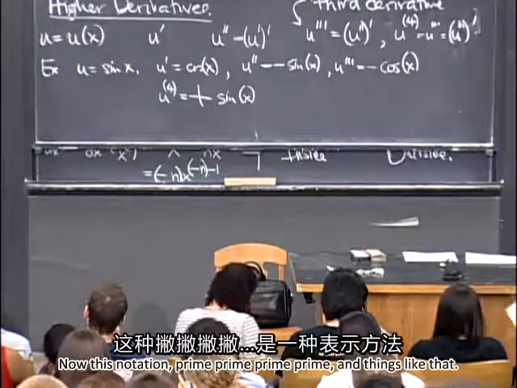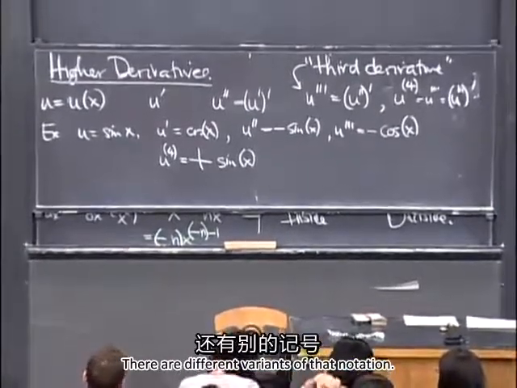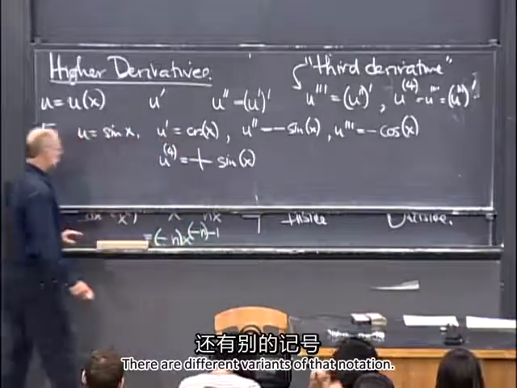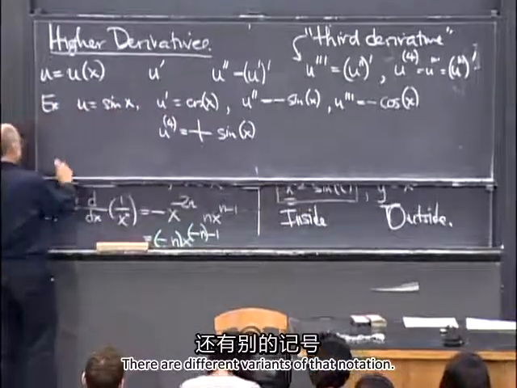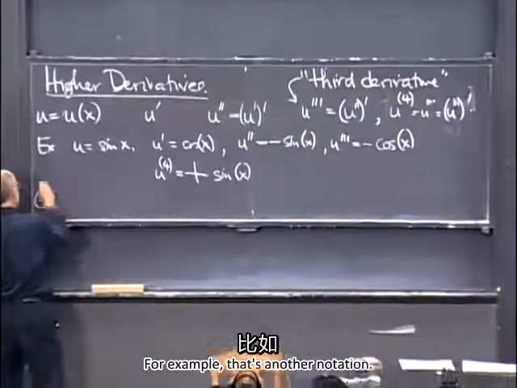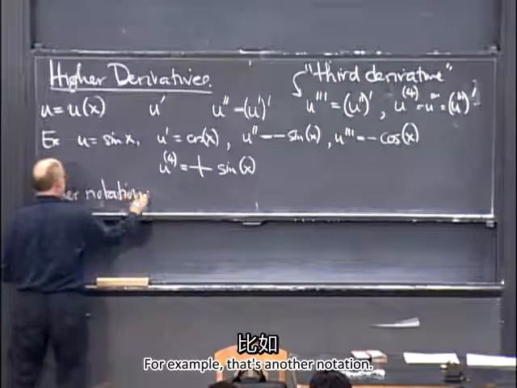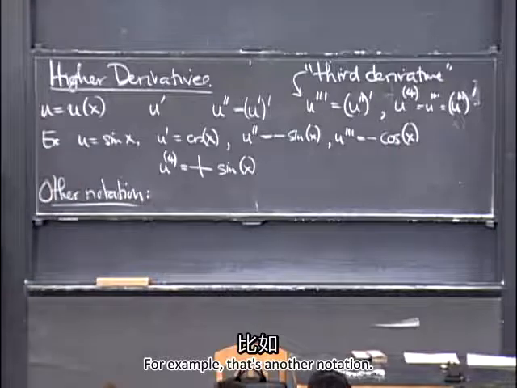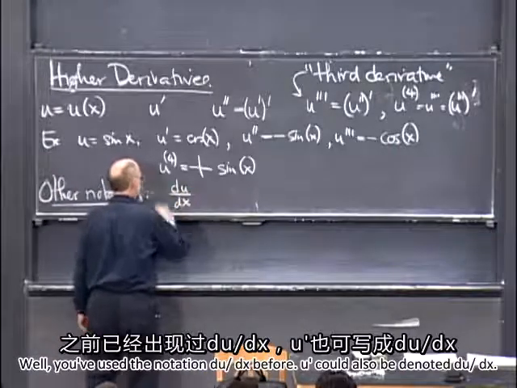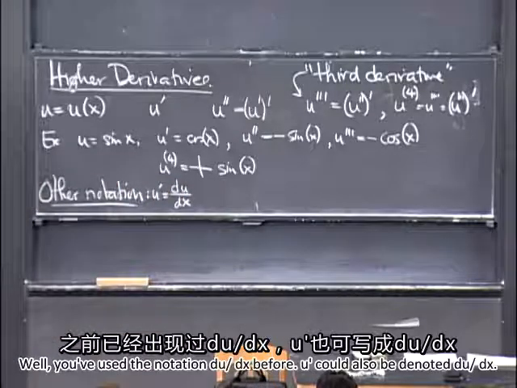Now this notation, prime, prime, prime, prime, and things like that, there are different variants of that notation. As another notation, well, you've used the notation du dx before. u prime also could be denoted du dx.